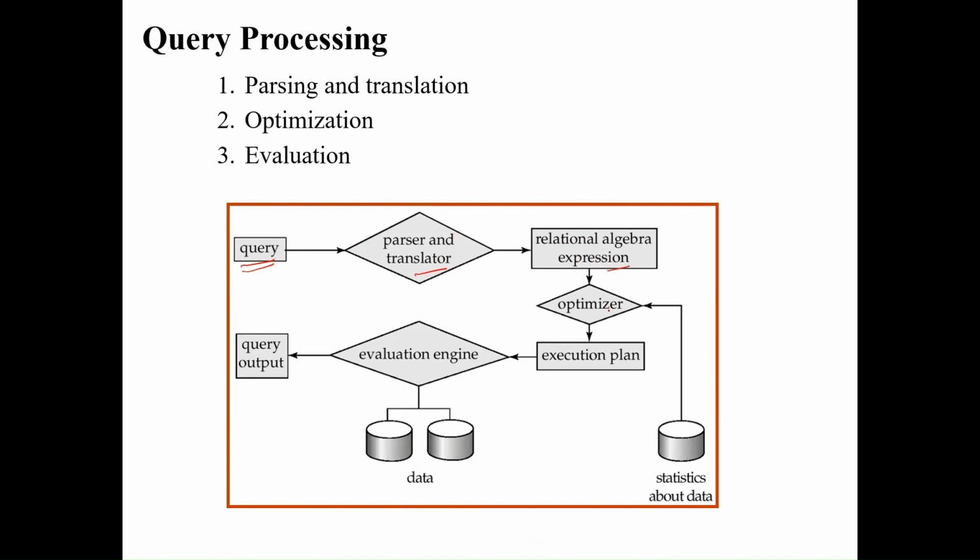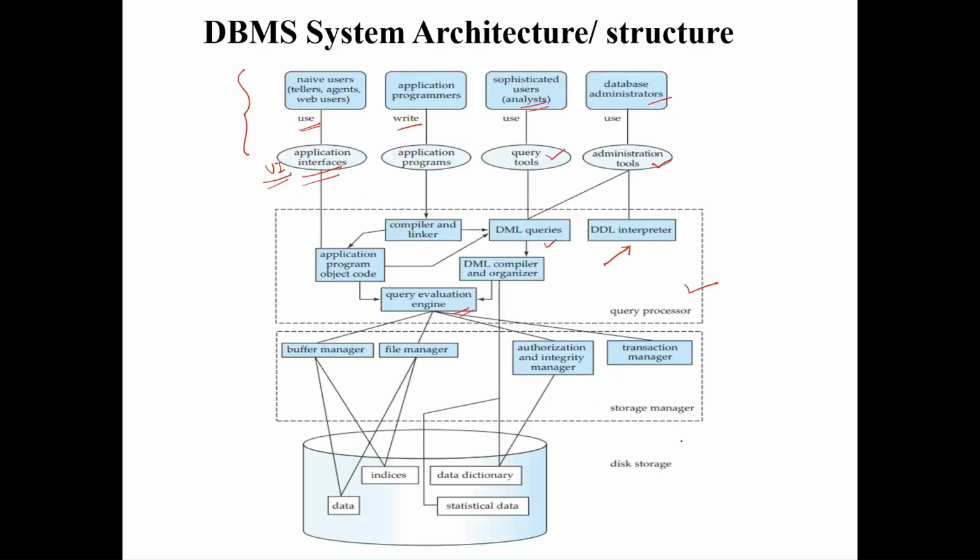After that, the optimizer identifies various execution plans to execute that query. The best, cost-effective execution plan will be executed by the evaluation engine, and then the query output is generated. For that, it uses the statistical data stored in the database. So this is the function of the query processor, which receives the query, executes it, and gives the result onward.